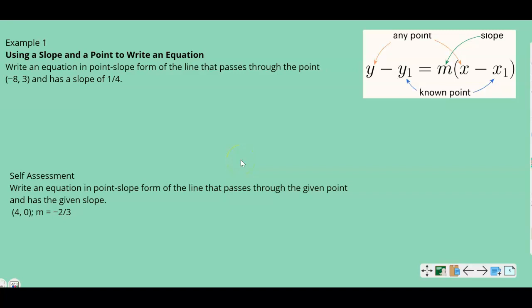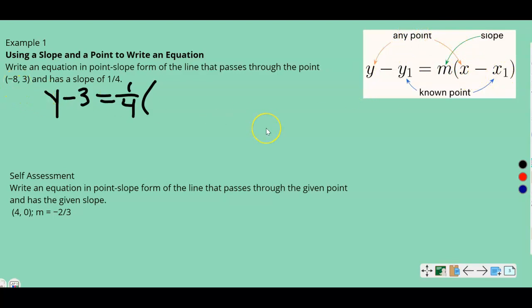So let's go ahead and write an equation here. So we're going to have y minus, remember x is first and then y, so y minus 3 equals, and then m. So our slope goes after the equal sign. So it says it has a slope of 1/4. So we're going to put 1/4 here. And then it says x, we don't know what x this is, it could be any point, x minus the known point.